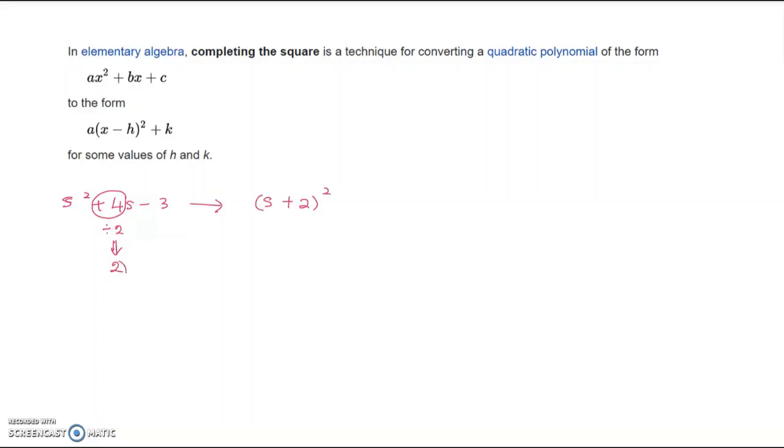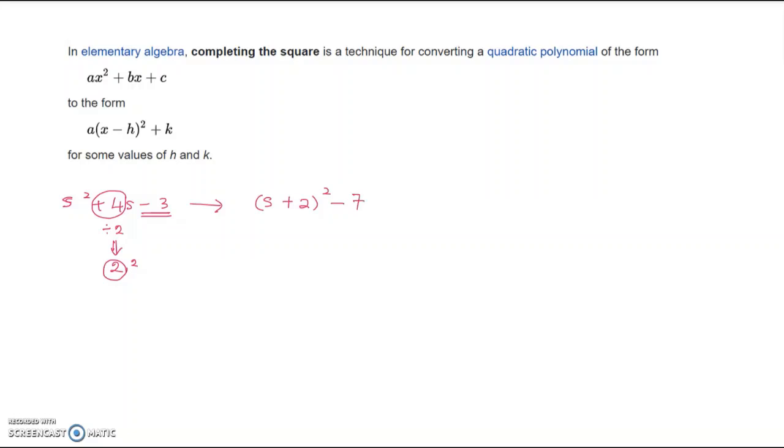Then this value that you have here, you need to square it. So you have 4. Keep 4 in your mind and think of what you need to do with the 4 so that you get the negative 3. In order to get negative 3, you need to have minus 7.